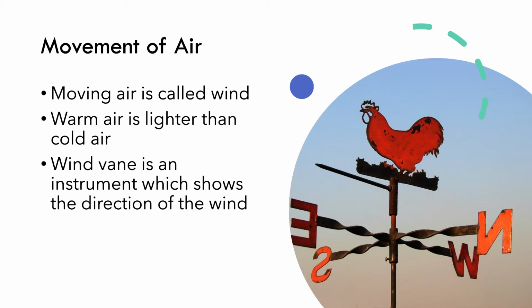The hot air rises up, it moves up, and cold air takes the place of the warm air. This cycle causes air to move, and this moving air is called wind. So warm air is lighter than cold air, and when warm air rises up, cold air rushes to take its place.